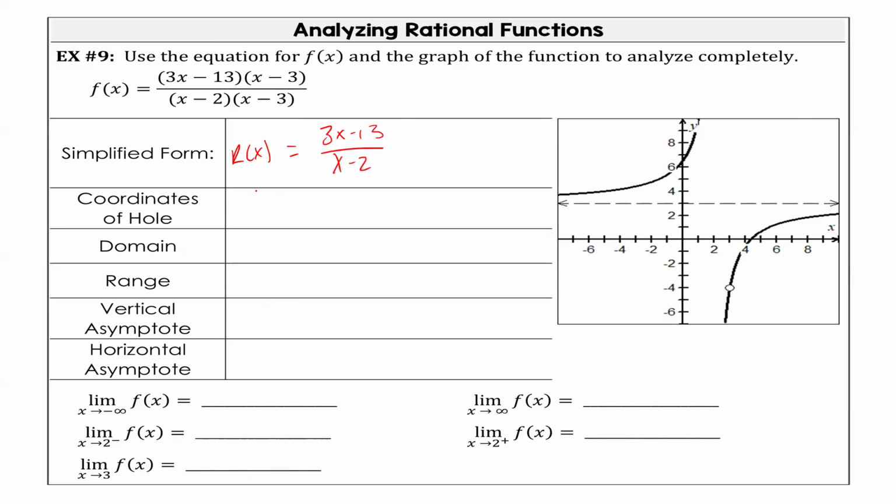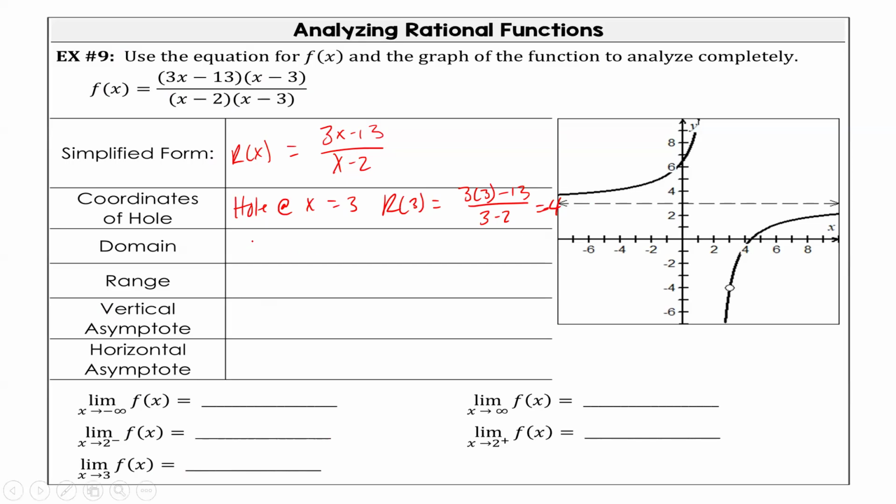Then the coordinates of our hole: we had a hole at x equals 3. So r of 3 equals 3 times 3 minus 13 over 3 minus 2. So 9 minus 13 over 1 equals -4. So we'll be at -4.